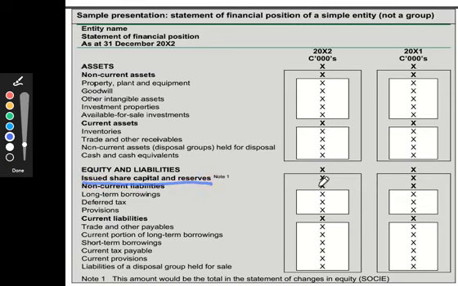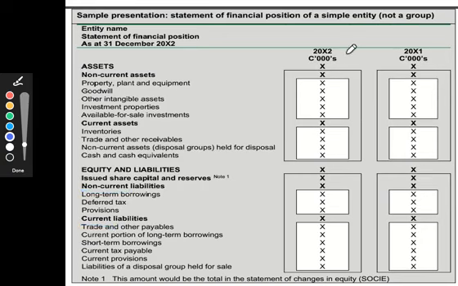Okay, so this amount would be the amount we'd expect to see as the total on our statement of changes in equity. It should be the exact same amount on our statement of financial position. So in your tests and assignments, you usually get a disclosure mark for ensuring that this amount ties in to the balance on your statement of changes in equity. Your liabilities are split between non-current and current liabilities.